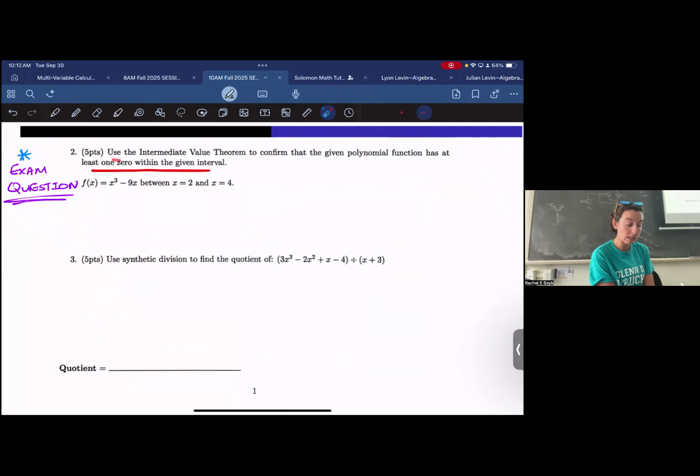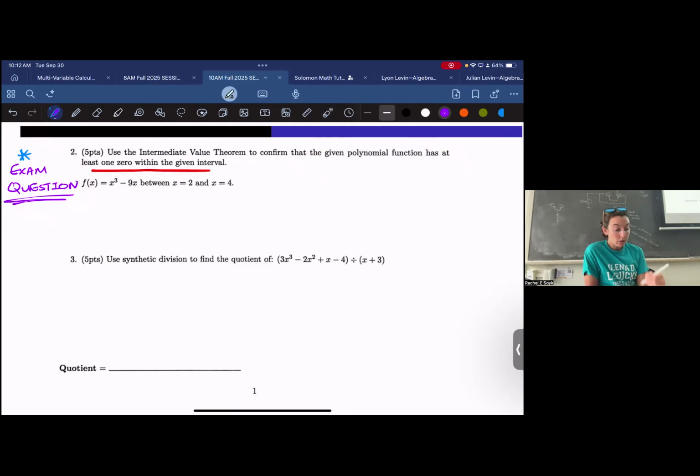We want to use our intermediate value theorem to confirm that the given polynomial function has at least one 0 within the given interval. And I put a star here just because we are going to be assessing you guys more on this theorem. So there's a good chance this might pop up on your next exam as well as your final exam at the end of the semester.